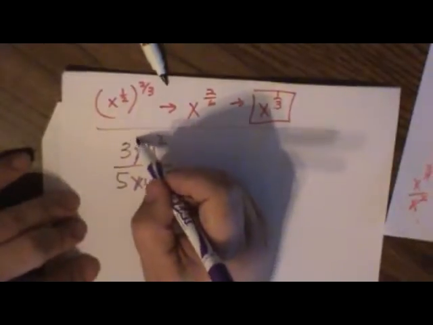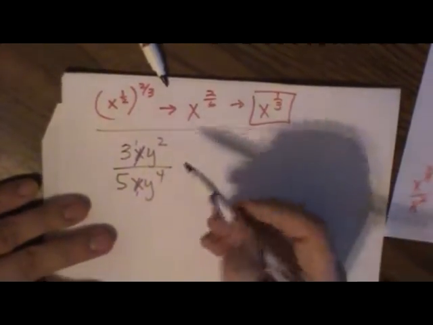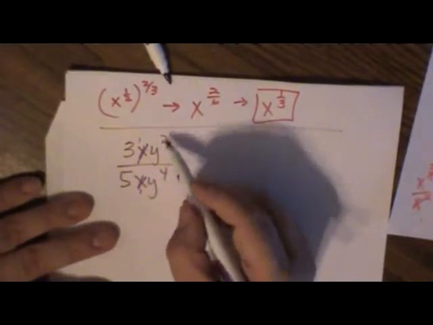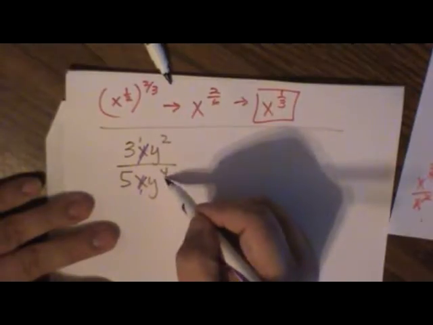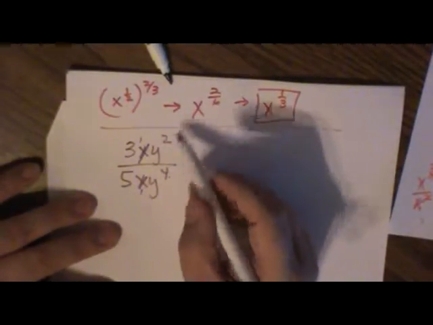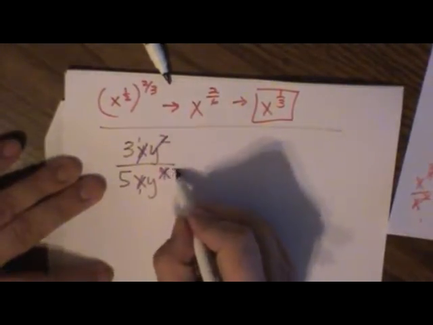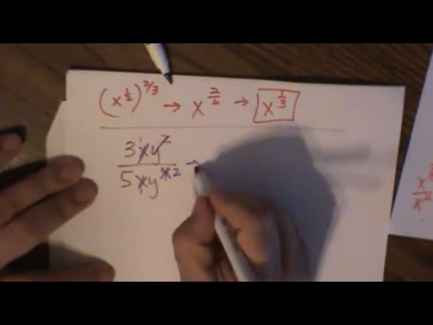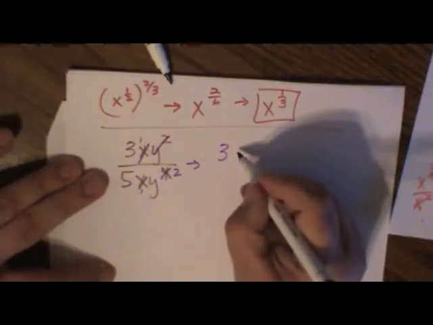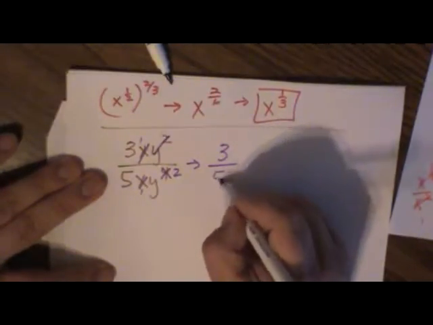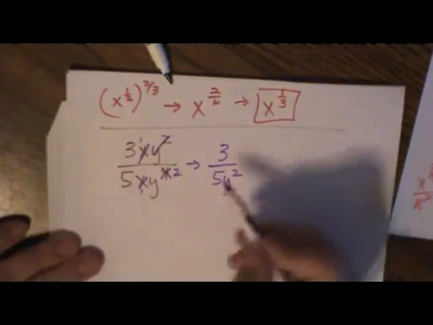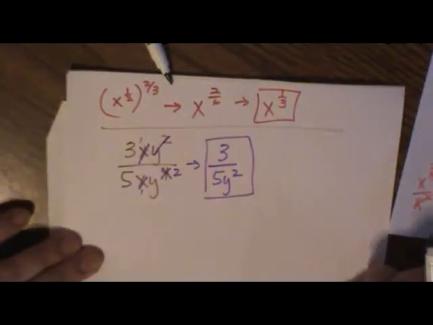It would be 1 on the top and the bottom. Now we have 2 y's on the top and 4 y's on the bottom. They're both positive, so we can cancel. It takes both of the y's on top, but leaves 2 on the bottom. So it leaves us with 3 over 5y squared, and that would be our answer.